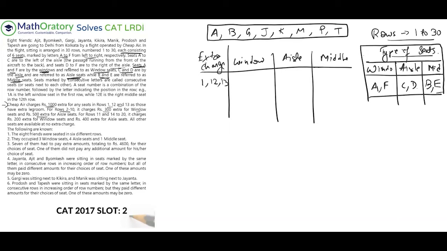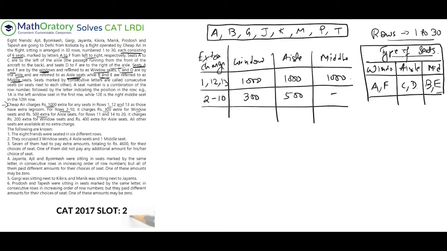So this charges 1,000. It doesn't matter where you're sitting, right? So this is charging 1,000, 1,000, and 1,000 for any type of seat. For rows 2 to 10, they charge 300 extra for window seats, 500 extra for the aisle seats, and nothing for the middle seat. So this is blank.